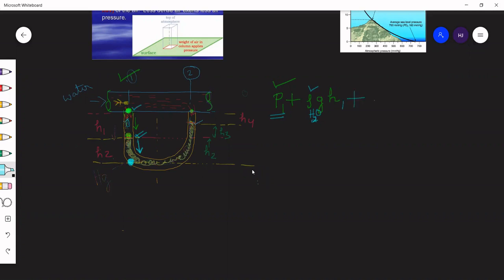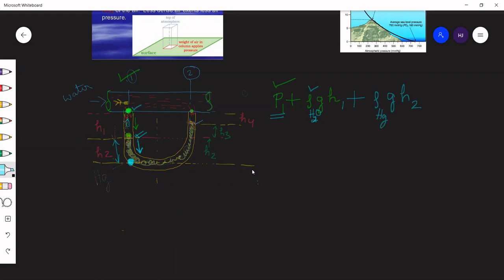By how much? Rho g h, same formula. The distance I've covered is H2. What is the density? It will be mercury, because from this particular area it is completely mercury. So I will write here the symbol of mercury.